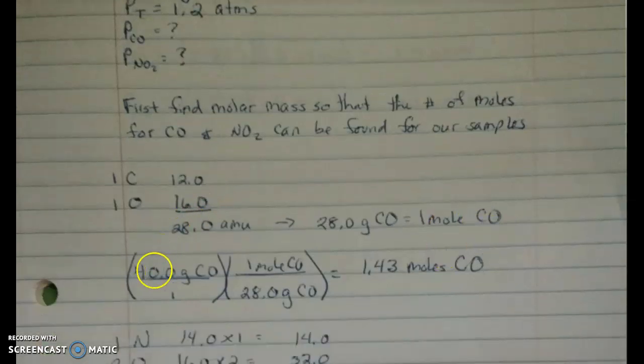And then we can use that to convert our sample: 40.0 grams carbon monoxide divided by 28.0 grams carbon monoxide per mole gives us 1.43 moles of carbon monoxide. Again, our grams cancel, leaving us with moles. We should have 3 significant figures.